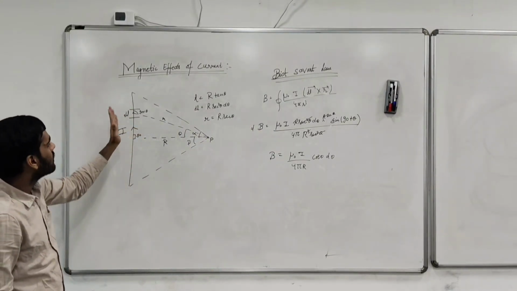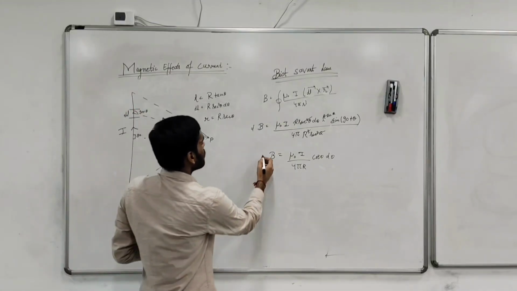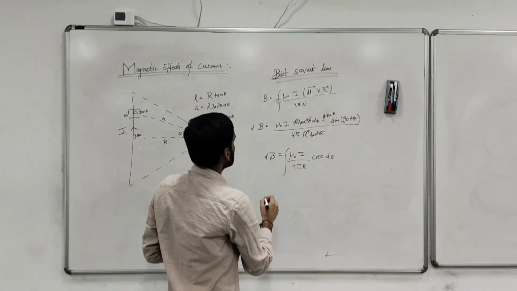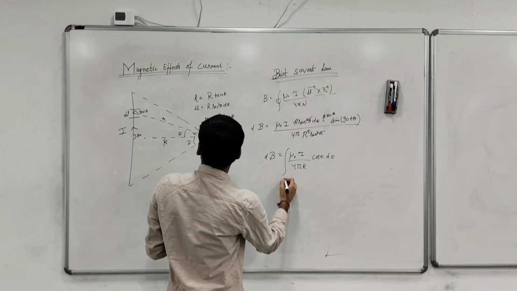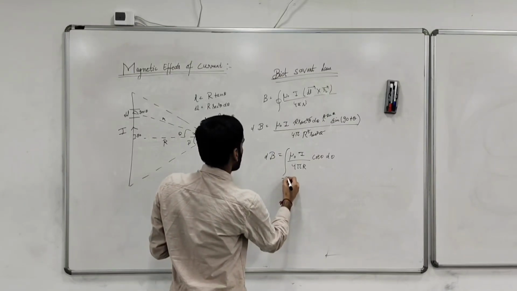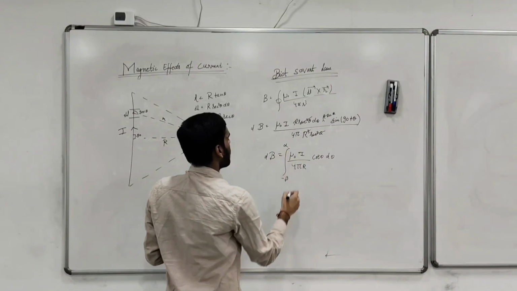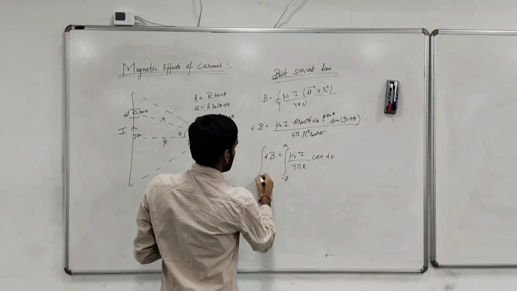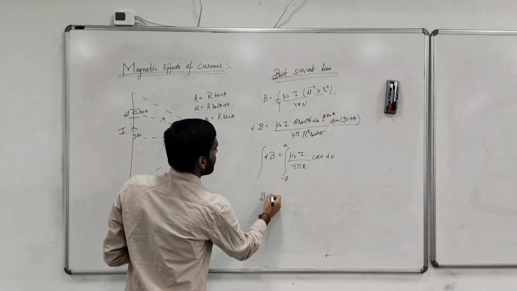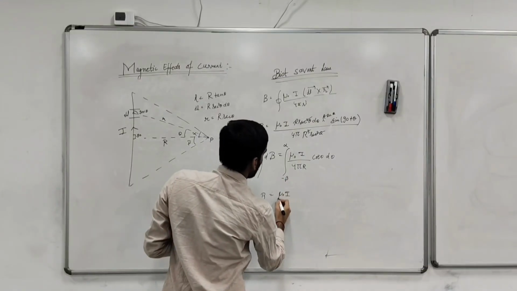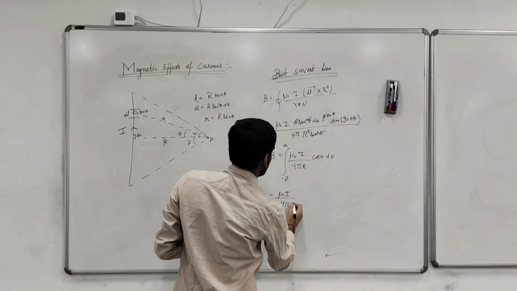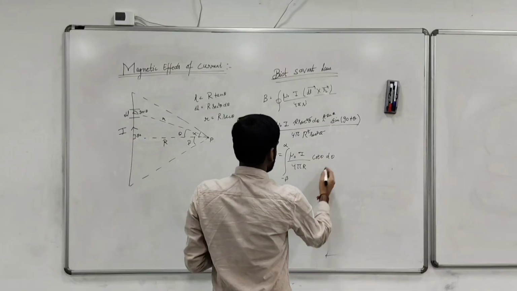Now we want the field due to this entire wire, so we will integrate from minus beta to alpha. This thing is constant, take it out of the integration: mu naught I by 4 pi r, integral of cos theta d theta. This is sin theta.